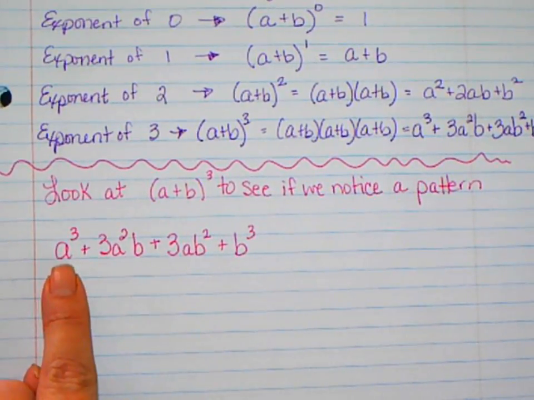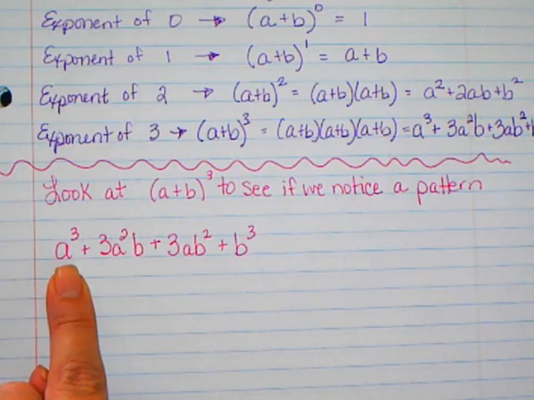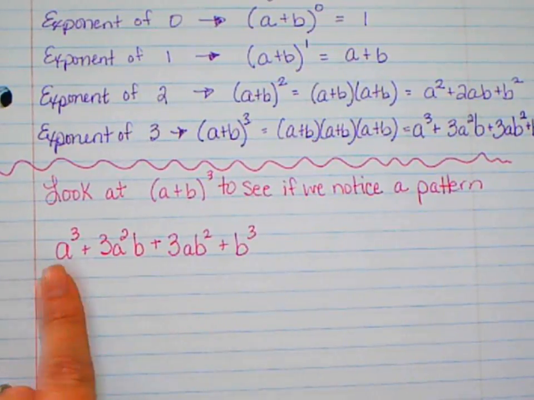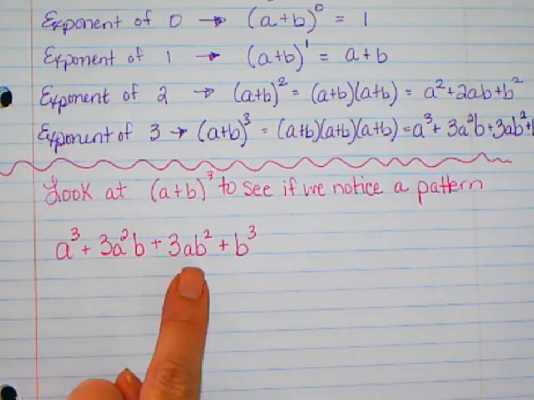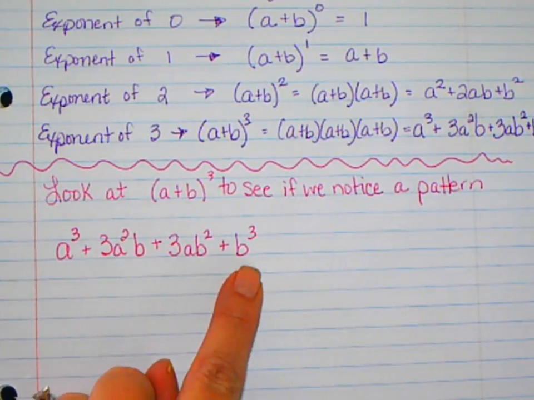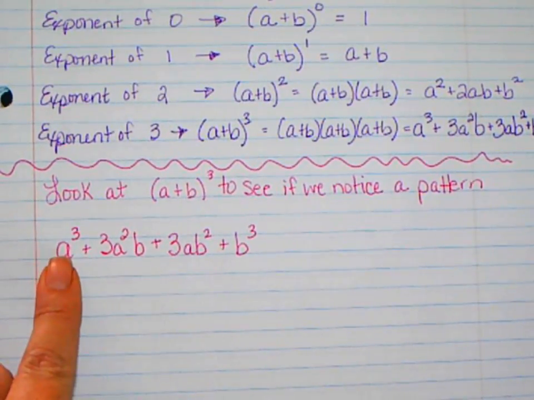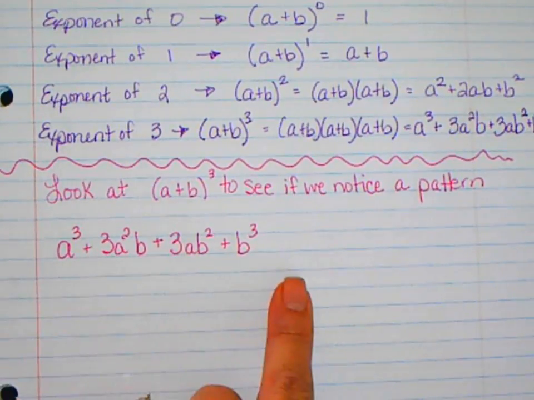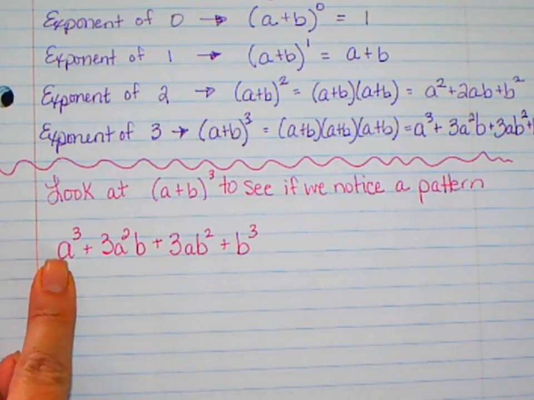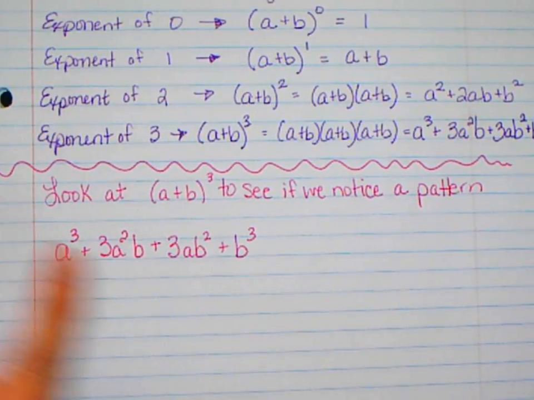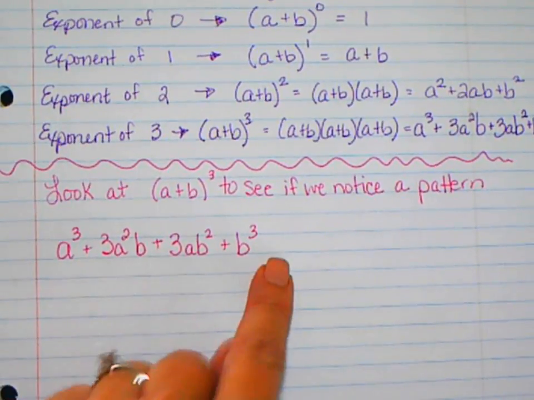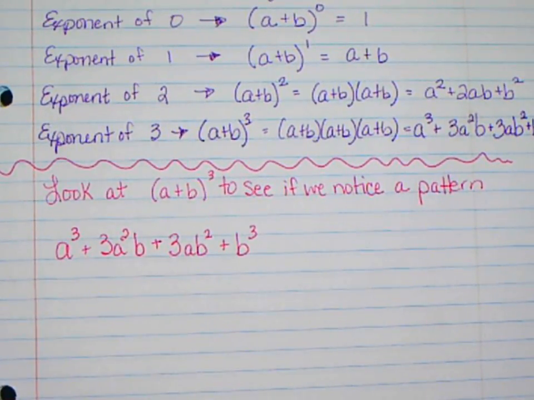What is the exponent of b in the first term? 0. If it's not there, it has exponent of 0, right? So 0, 1, 2, 3. The a's started at 3, went 3, 2, 1, 0. The b's started at 0, went 0, 1, 2, 3. You see that?